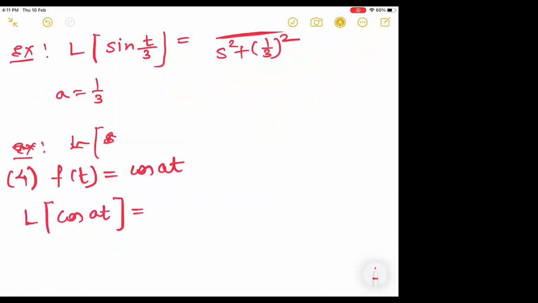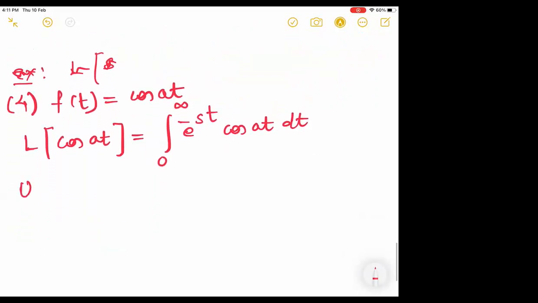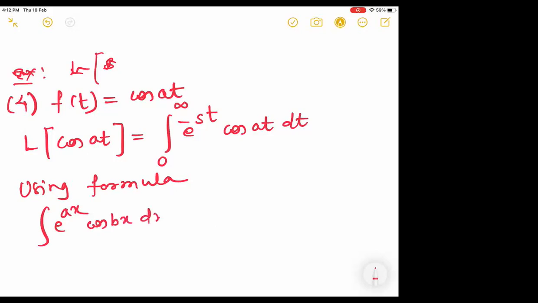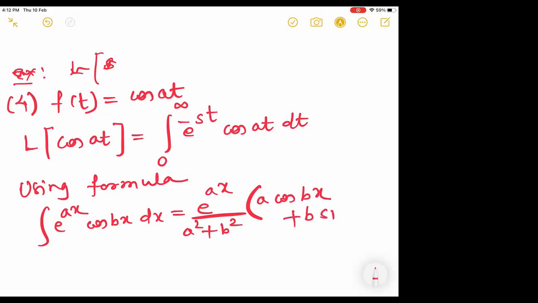Cos of at. So same definition, 0 to infinity e raised to minus st into cos of at dt. And here we are using the integral method. So using the standard formula for e raised to ax cos of bx, which is nothing but e raised to ax upon a square plus b square, and a multiplied by cos of bx plus b multiplied by sine of bx.